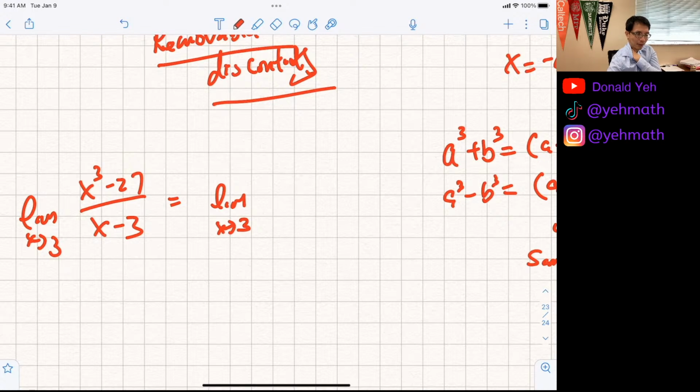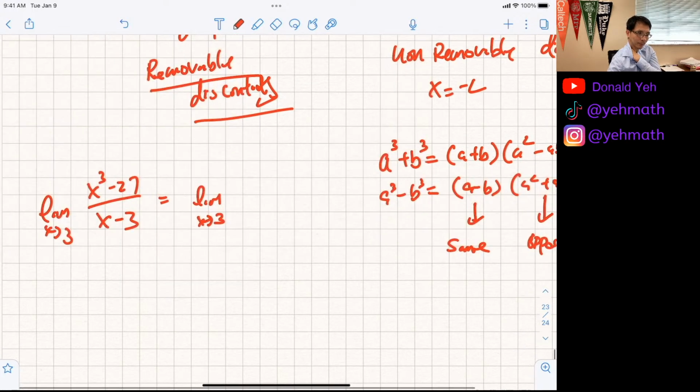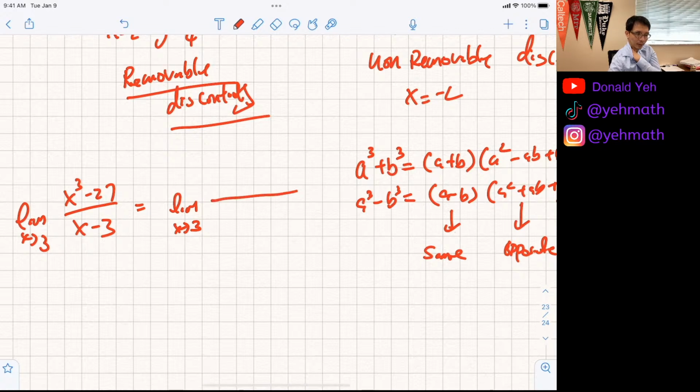So in this case, how do I factor this? On the bottom is x minus 3, right? On the top is what? x minus 3, good. It's x squared plus 3x, AB, right?